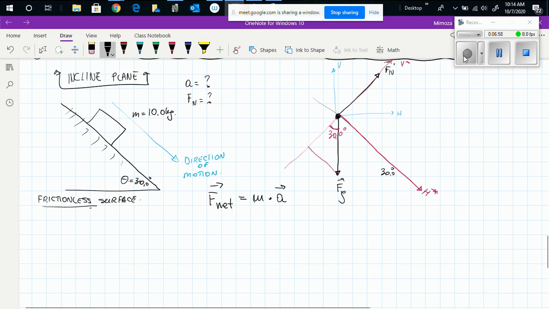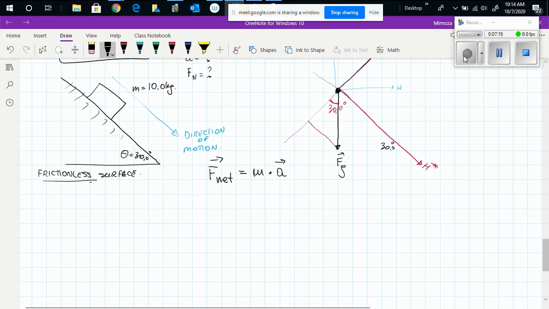But now by rotating those axes, we will have acceleration only in the horizontal axis, not on the vertical axis. And now we know that force net is nothing but the vectorial sum of all the forces that the object is experiencing. So since it is a 2D situation, we construct the table.